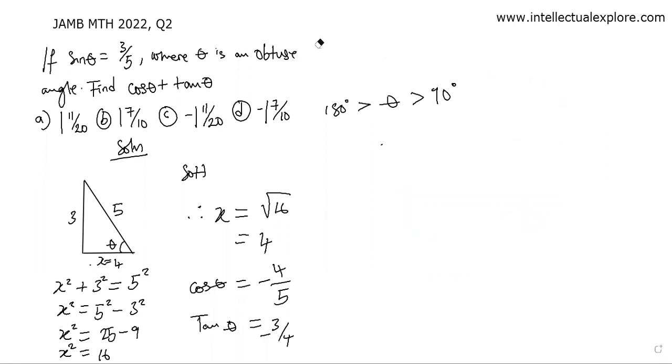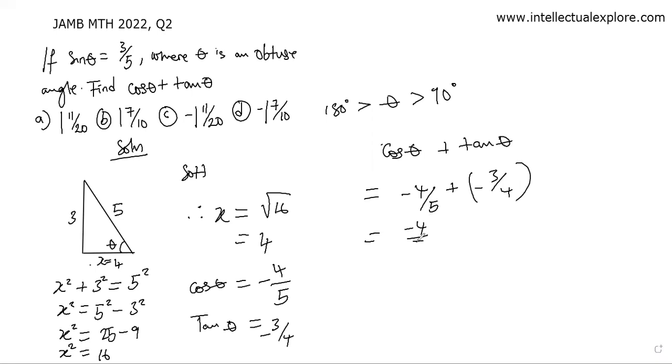Okay, so cos theta plus tan theta will be minus 4 over 5 plus minus 3 over 4. It is the same thing, minus 4 over 5 minus 3 over 4.